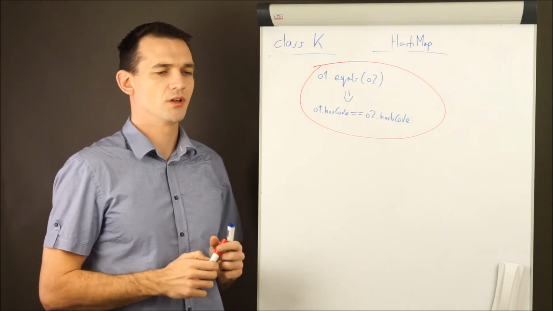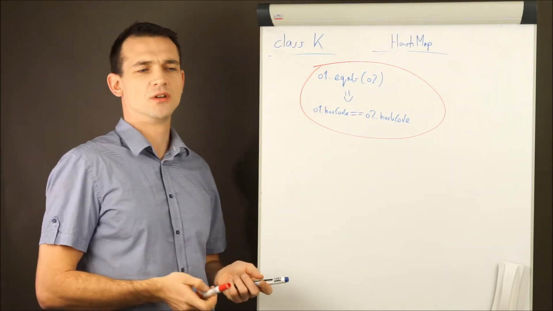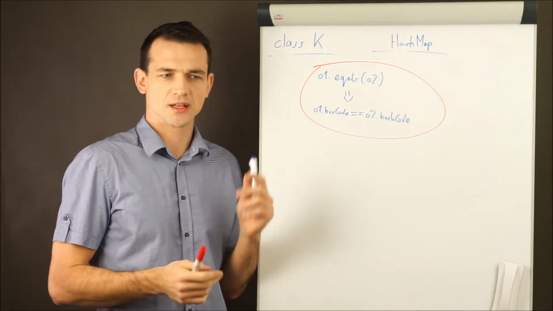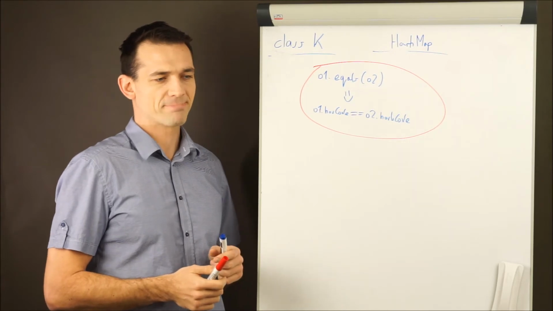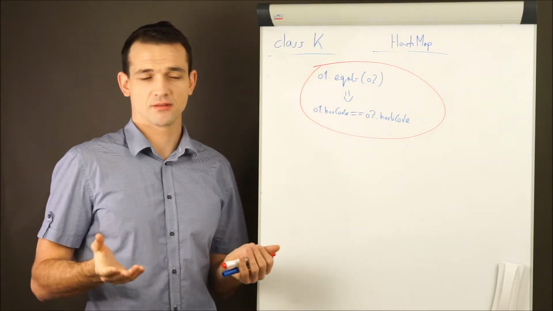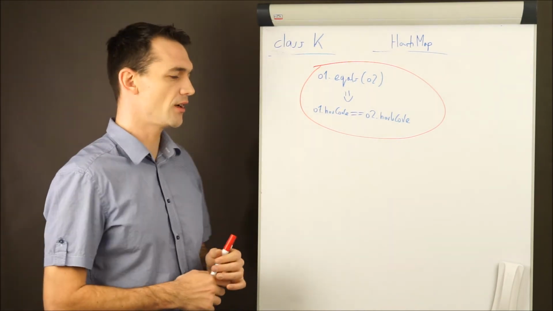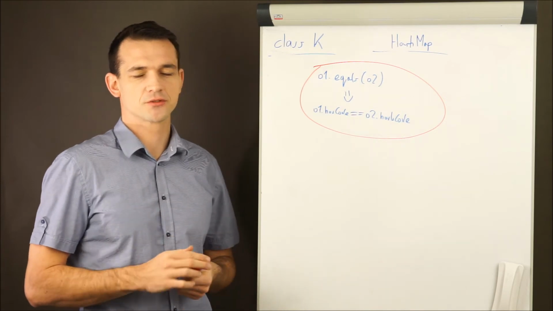Of course, if you implement hashCode that always returns the same value for any instance of some class, it's not a problem if you have very few elements in the HashMap. However, there is another thing you should take care of.